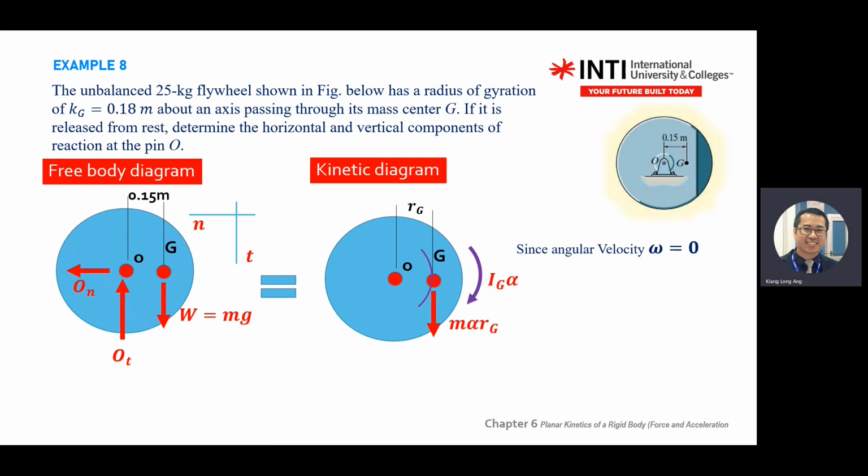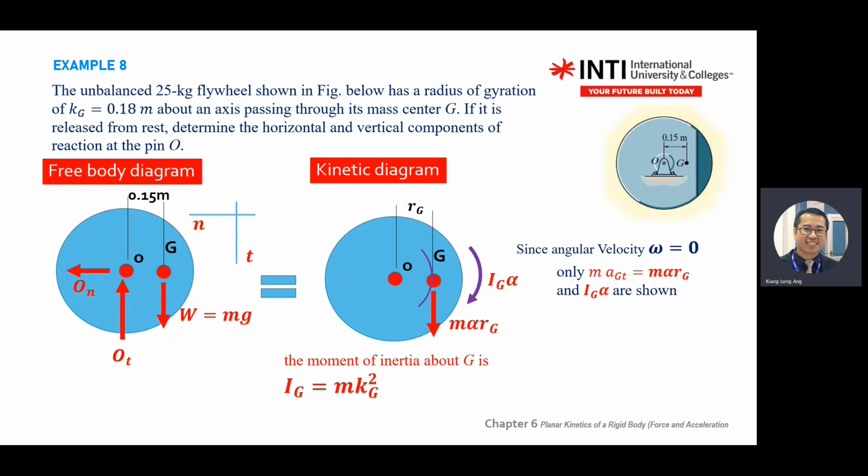Okay, angular velocity here is 0, right? So you only have ma.